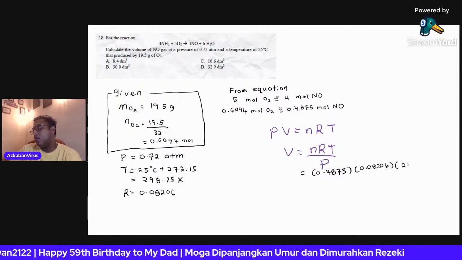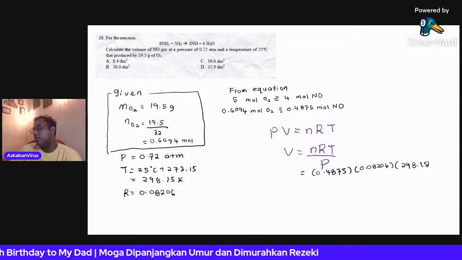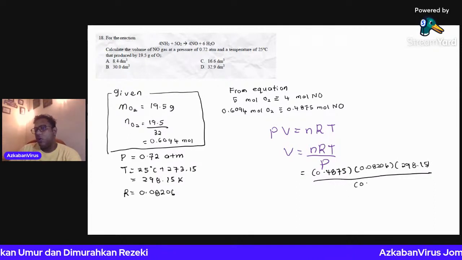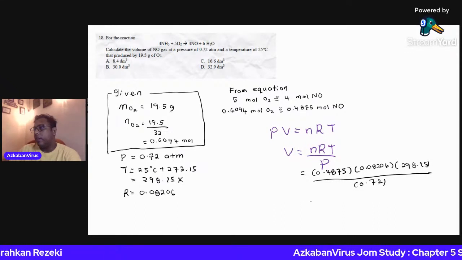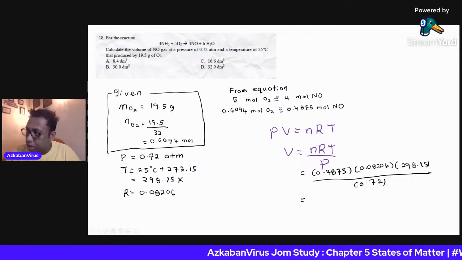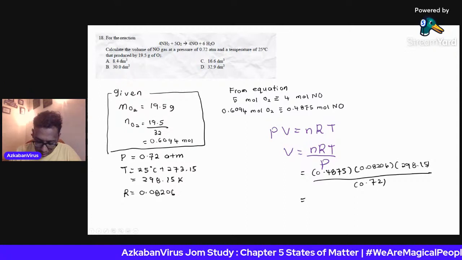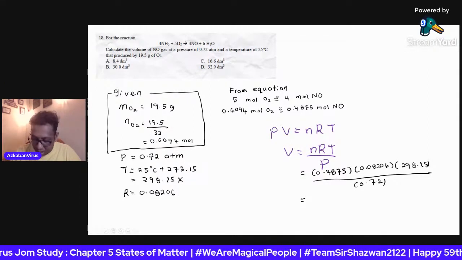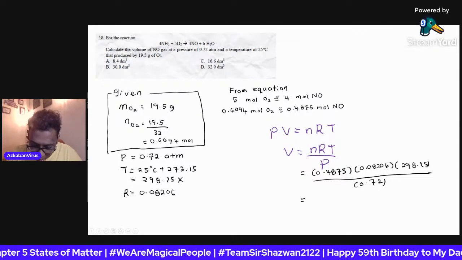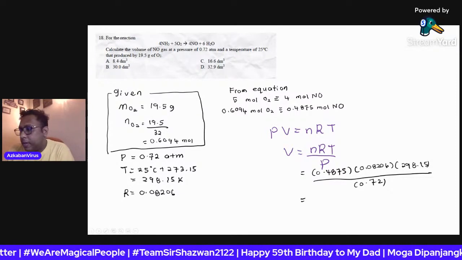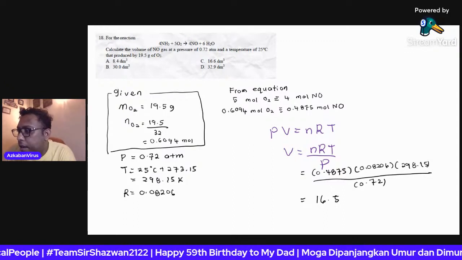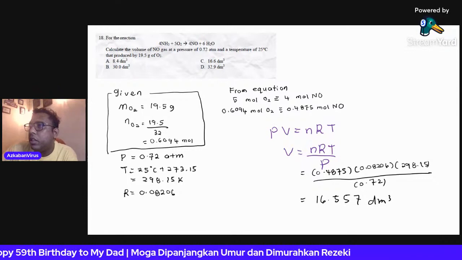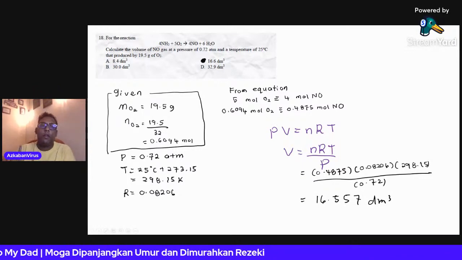T kita adalah 298.15 bahagi dengan P kita adalah 0.72. So ini sama dengan 16.557 dm cube. Itu 16.6 dm cube.